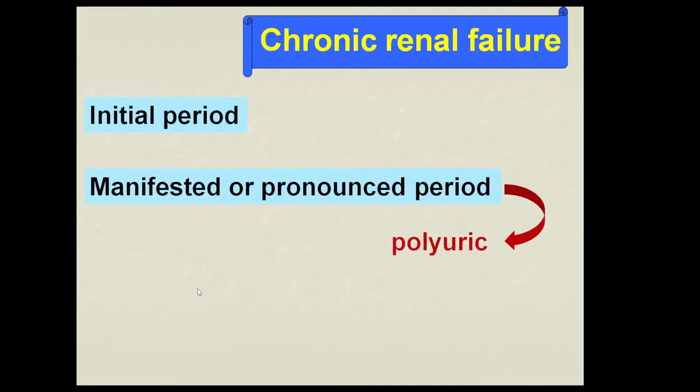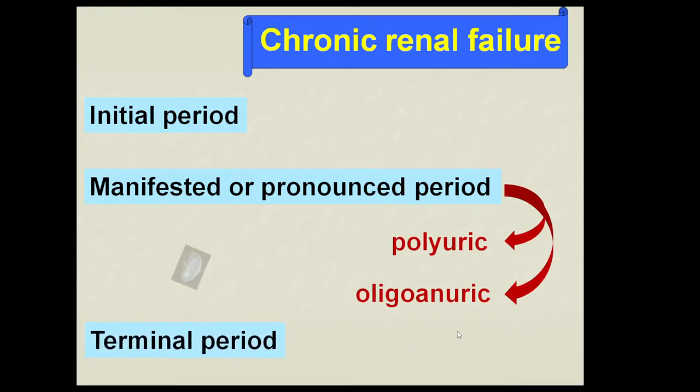Manifested, visible. For chronic renal failure, it is divided into 2 substages. First of all, polyuric, then oligoanuric. Opposite way, on the contrary, from acute renal failure. And finish with the terminal, decompensated period, when other organs are involved in the pathological process.